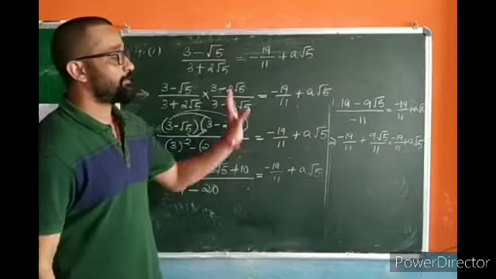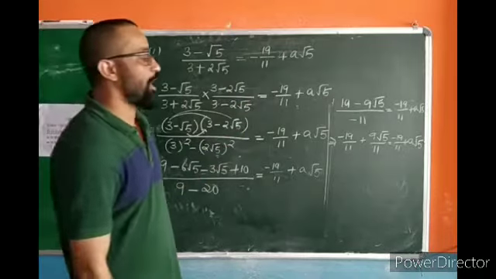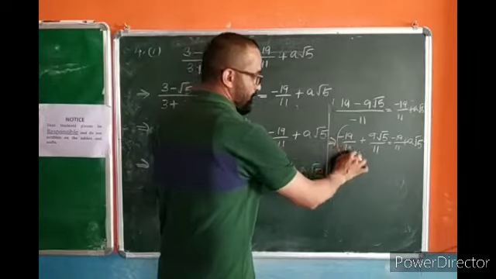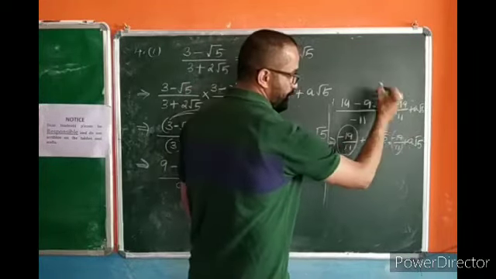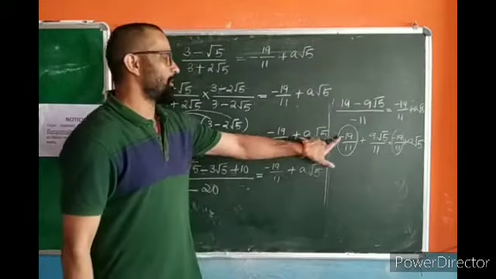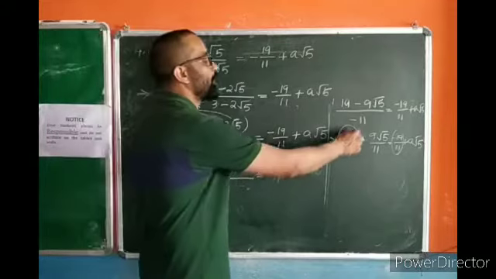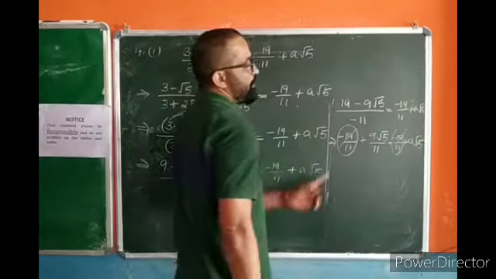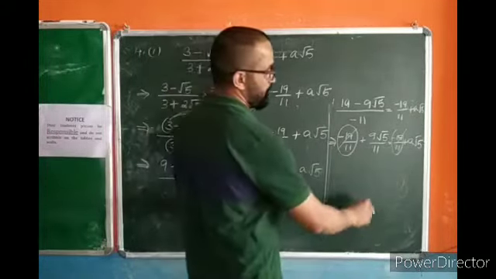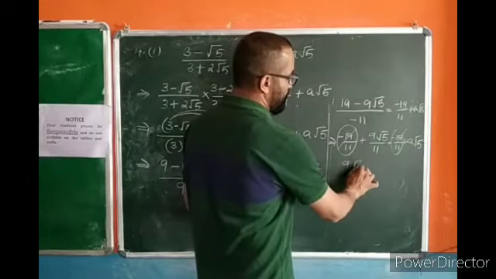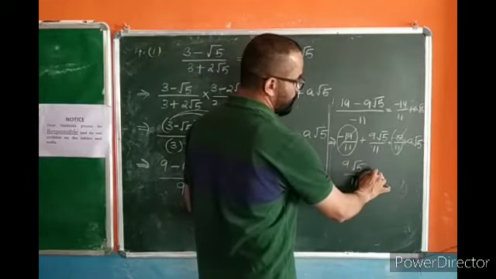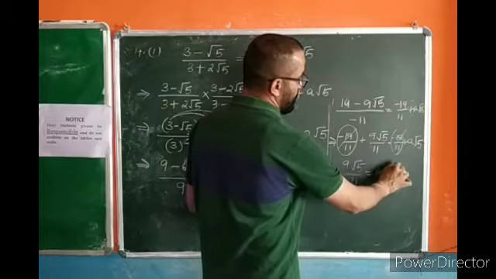Left hand side equal to right hand side, so now we compare it. We have the same value here, 19 by 11, 19 by 11, so we can cancel this. Now comparison. You have 9 root 5 divided by 11 equal to A root 5.